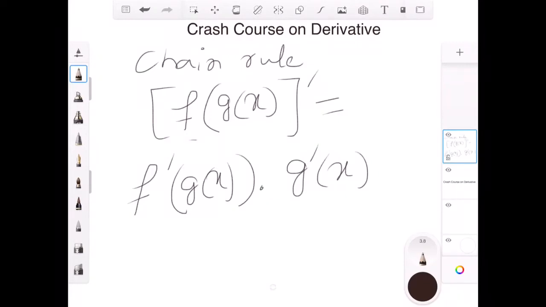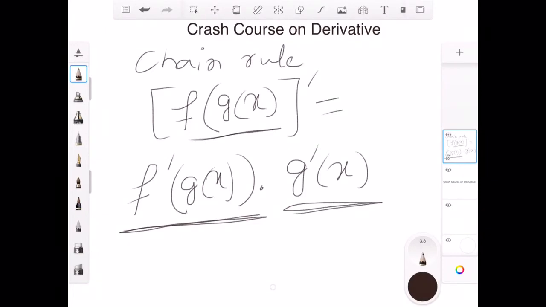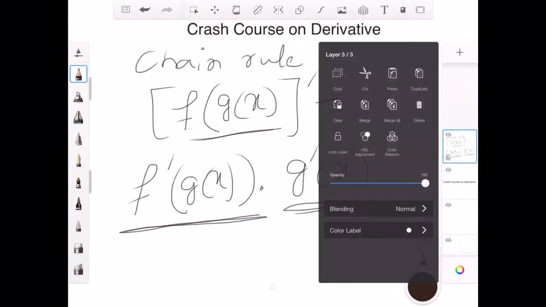So this is the overall combination of a function within another function. This will become more clear once we take an example.